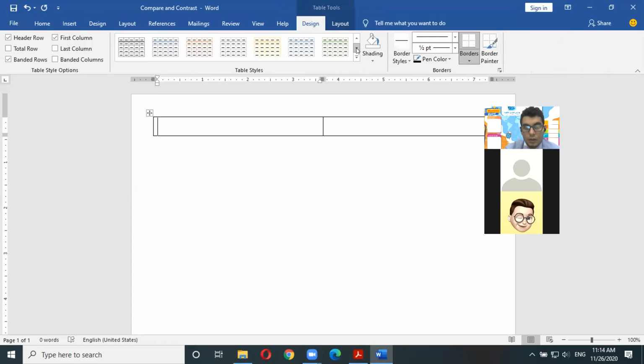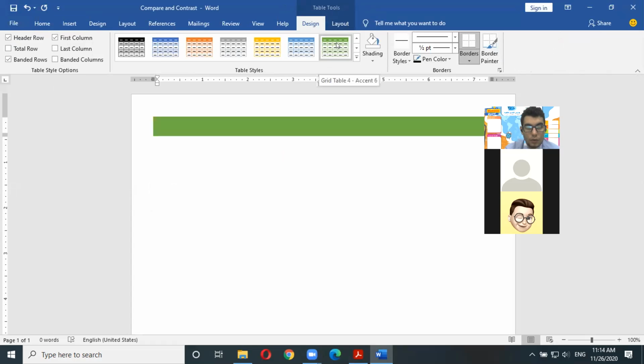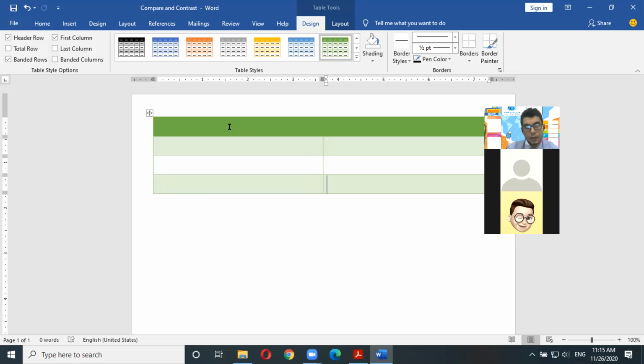Choose a layout. Let's, for example, say the green one. Yes, the green one is good. Okay, and click multiple tab, and go up here.